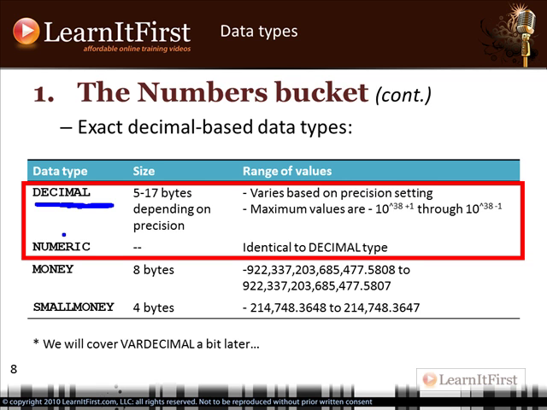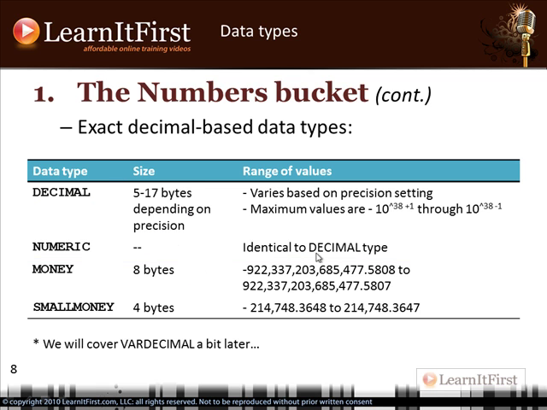All right, so we'll talk a little bit more about the byte size. It depends on what your precision is. We'll do currency. We'll have a bunch of videos later, all throughout the course, that deal with currency. A lot of us, myself included, have to deal with currency on a day-to-day basis. And we'll talk about why money and small money may not really be good data types for you.